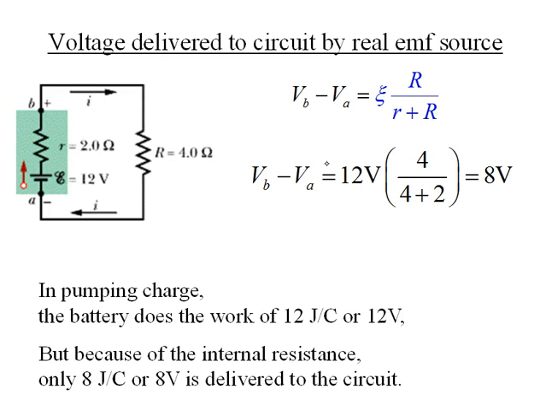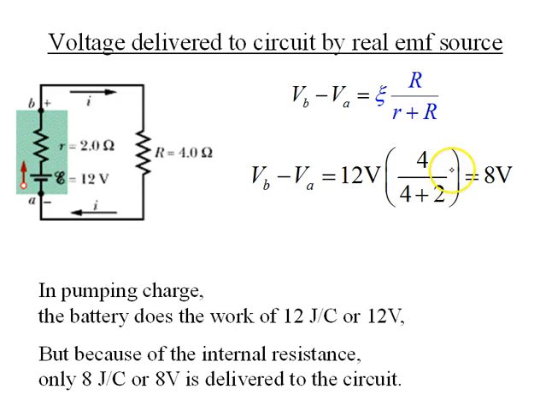All right, so if we look then at the voltage delivered to the circuit in this example, our VB minus VA, that's our EMF times R, the load resistance, divided by the internal resistance plus our load resistance. If we plug in our numbers, we end up with an EMF of 12 volts, delivering a voltage to the rest of the circuit of only 8 volts.